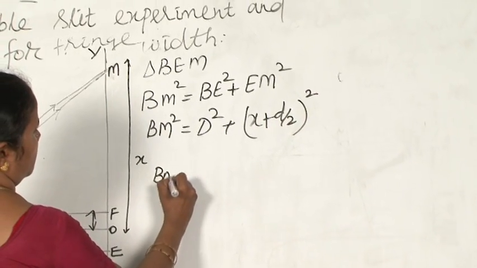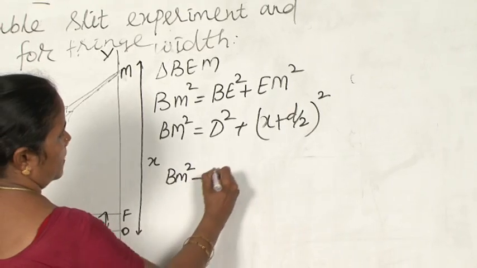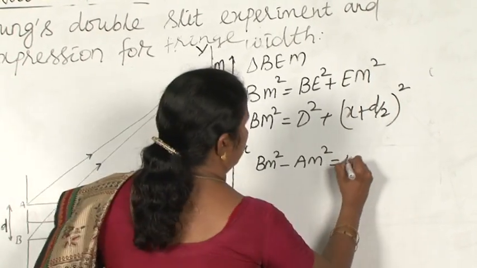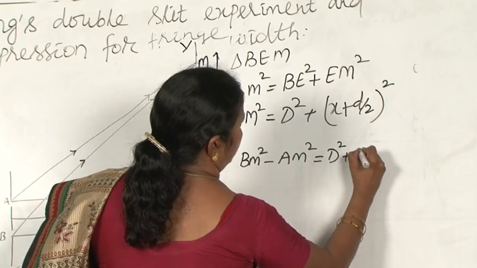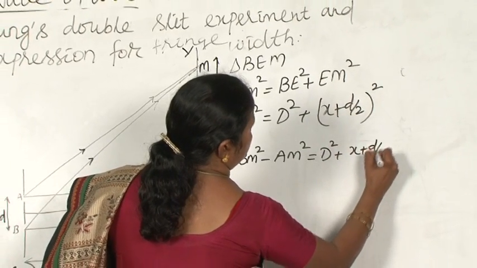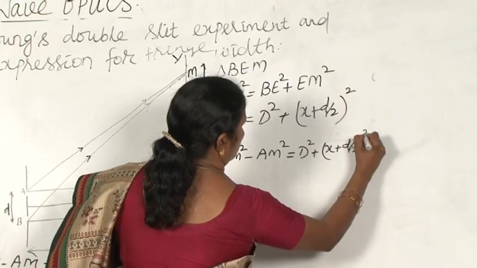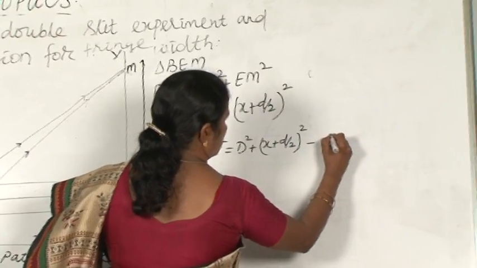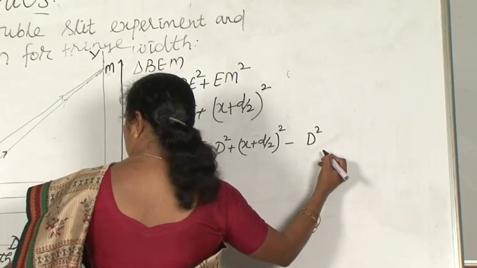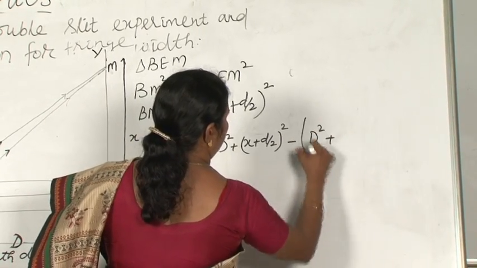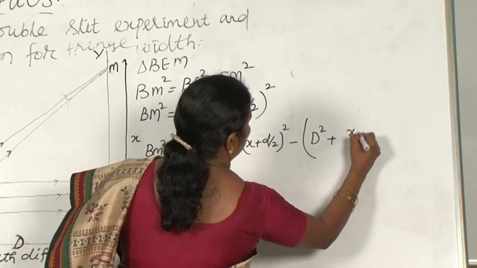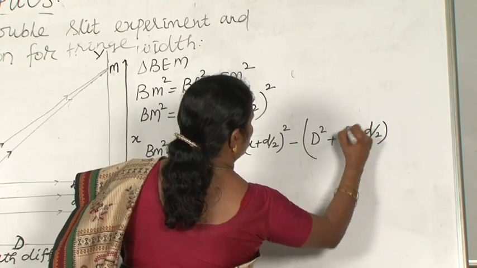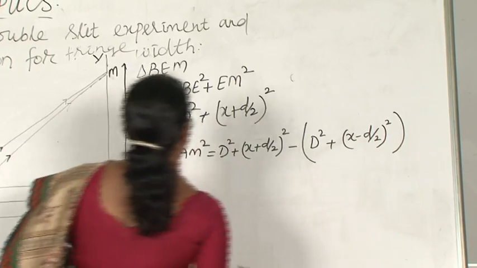Now, BM square minus AM square is d square plus x plus d by 2 the whole square, minus AM square, which is d square plus x minus d by 2 the whole square.